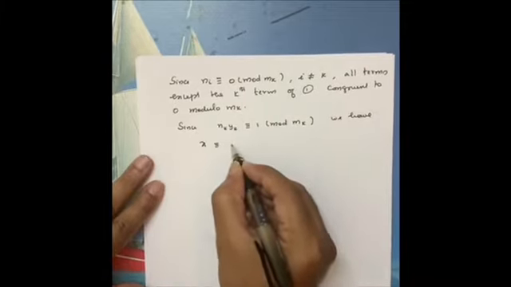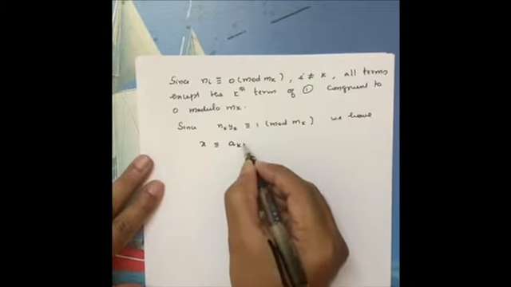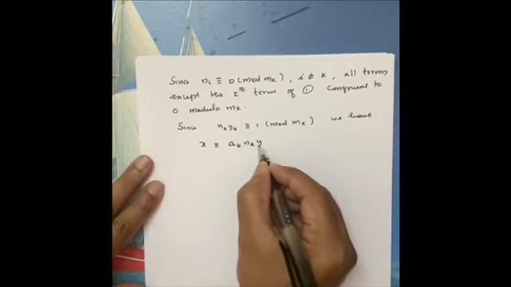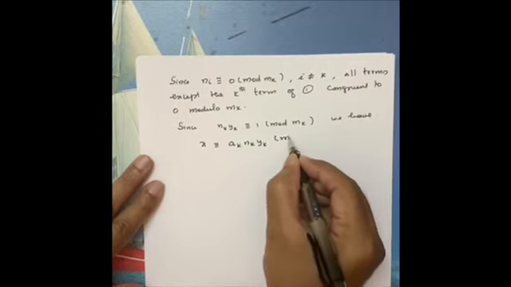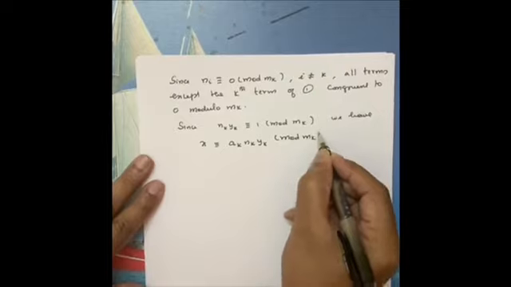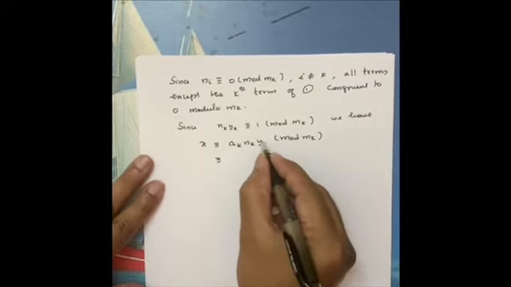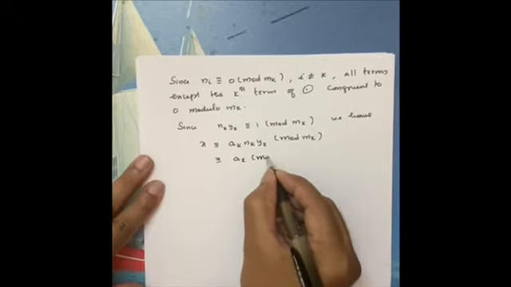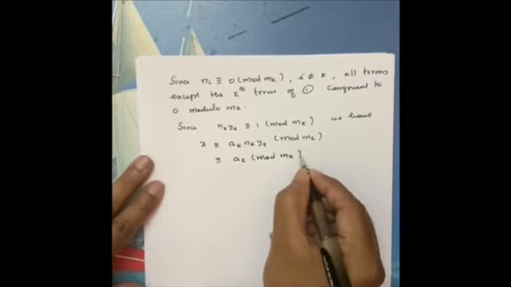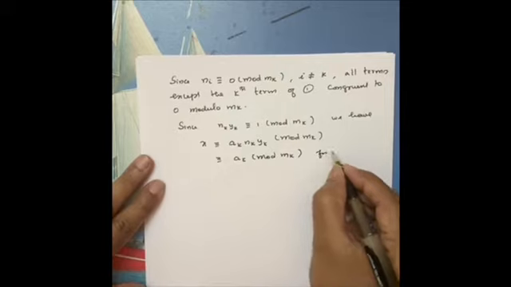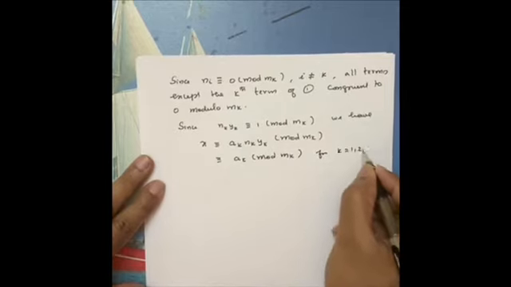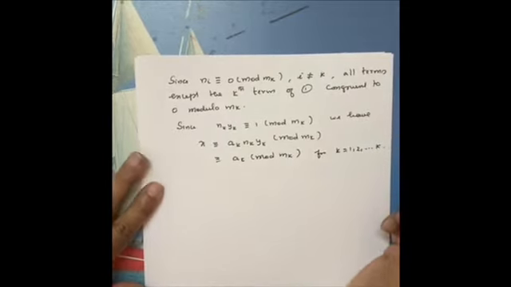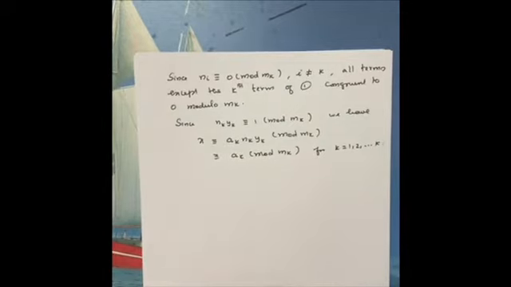We have x congruent to ak nk yk modulo mk, which is congruent to, in place of nk yk I can write 1, so ak modulo mk, for k equal to 1, 2, etc., k. So x congruent to ak modulo mk.